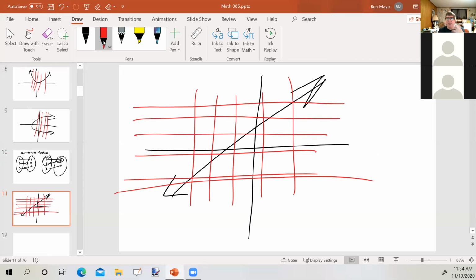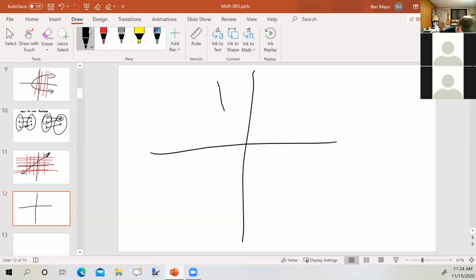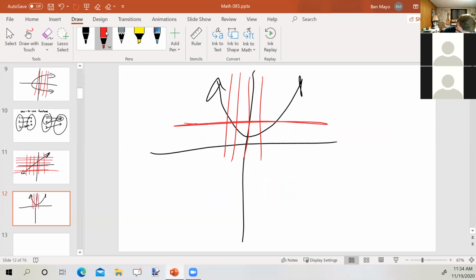So if you're looking at a graph that's a one-to-one function, you can cut through it with vertical lines and never have any one line cut the graph more than once. You can cut through it with horizontal lines and have the same results. Okay, so what about a parabola? Well, that is a function, but it's not a one-to-one function.